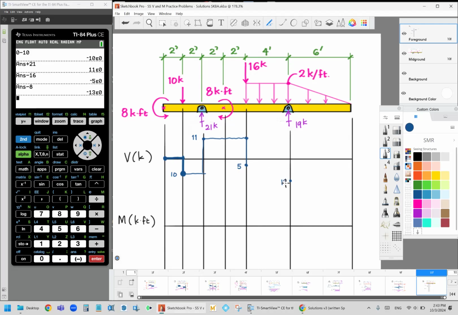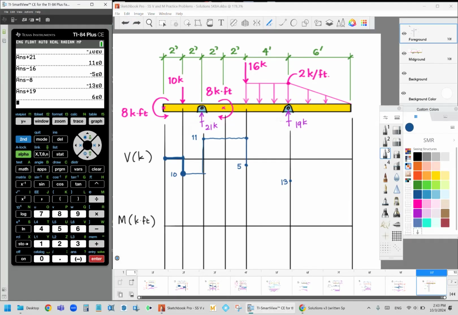Trying to draw this roughly to scale. Increase by 19. And decrease by the area under the curve. Open parentheses, 2 kips per foot high times 6 foot wide times 0.5 because it is a triangle. And sure enough, that gets me back to 0.